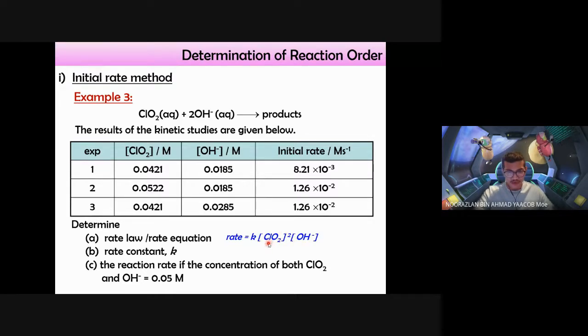So order of reaction with respect to ClO2 adalah second order, and then with respect to OH minus is first order. And then the rate constant you should get 250 per molar square per second, like that. And then the reaction rate, yang ini tak adalah, not part of the question, but if you do, which I don't expect, tak apalah, this one is not necessary.